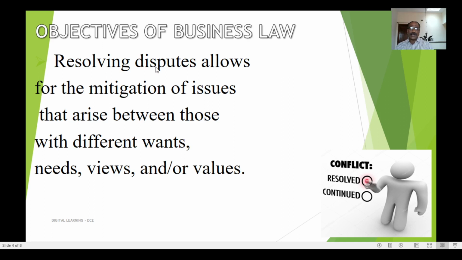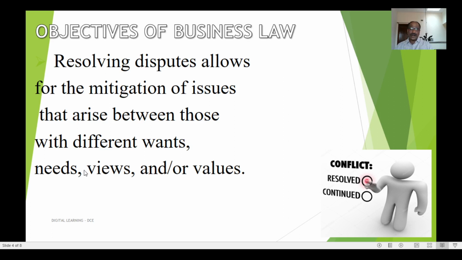Resolving disputes allows for the mitigation of issues that arise between different wants, needs, views, and values. With an expectation of satisfying some needs, the consumer purchases goods from business people.